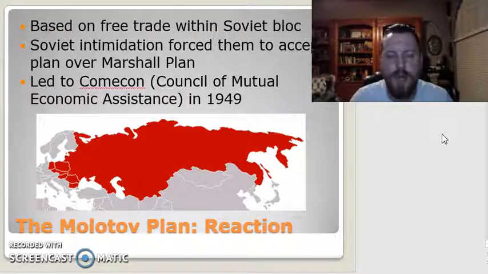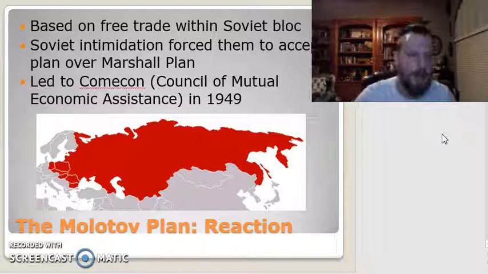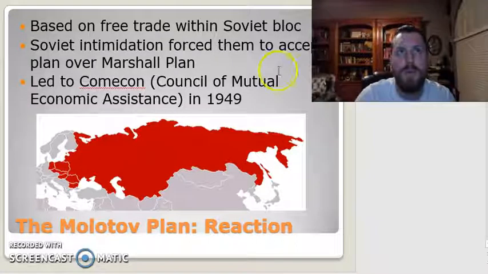These are the countries that, in effect, belong to the Soviet Union, and this is what will be the other side of the Cold War versus the U.S. and NATO allies. We call this the Council of Mutual Economic Assistance, and this starts in 1949. So, question 4 was Molotov Plan.